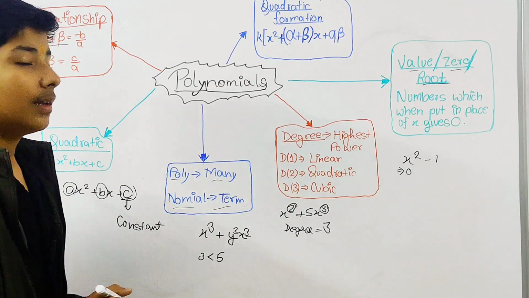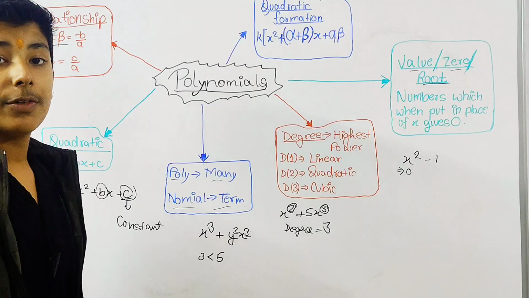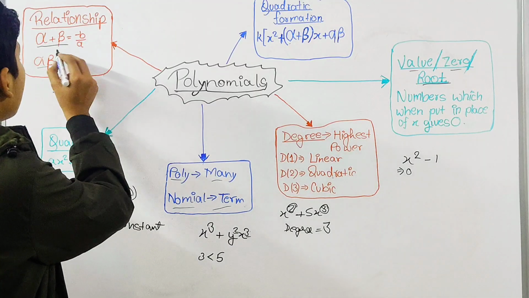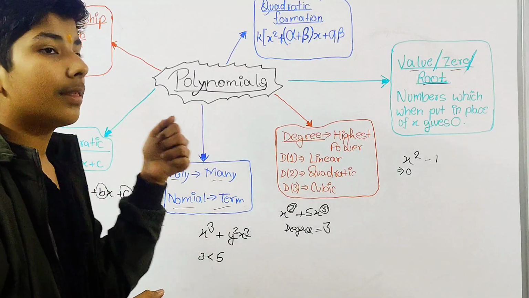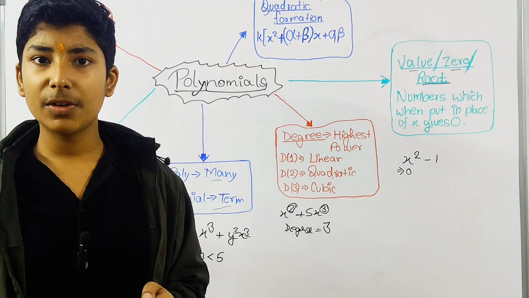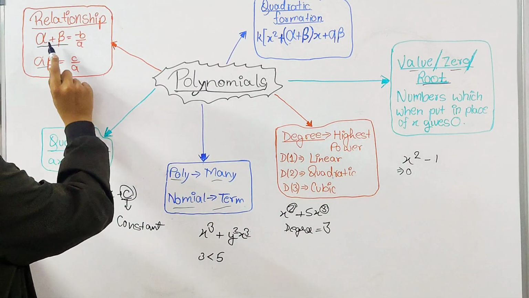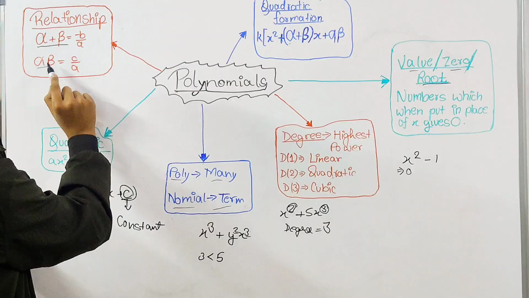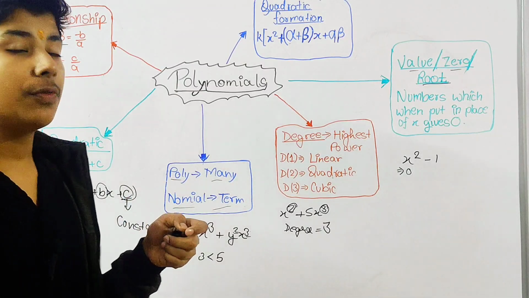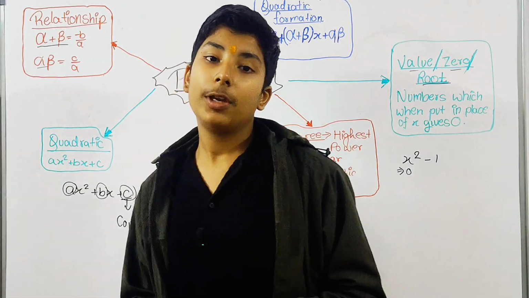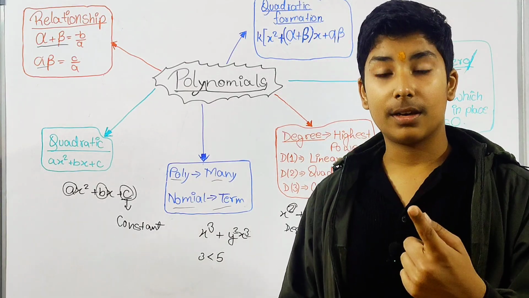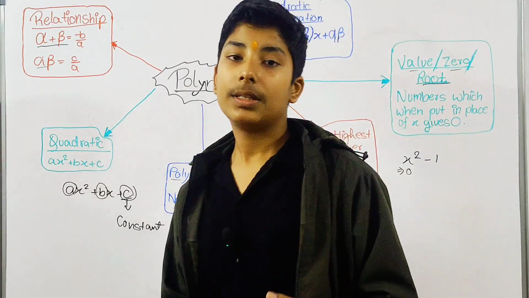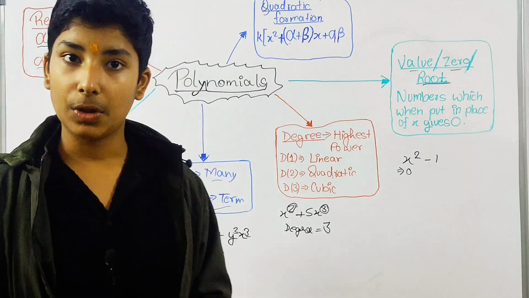Okay, so where are these used then? See, for example, in a question it has been given to you that you have to find out the polynomial and then the zeros. But what have been given to you? It has been given to you the sum and the product. Then how will you find the quadratic polynomial with the sum and the product of zeros? And then what you will do? Then you will have to find out the zeros also.